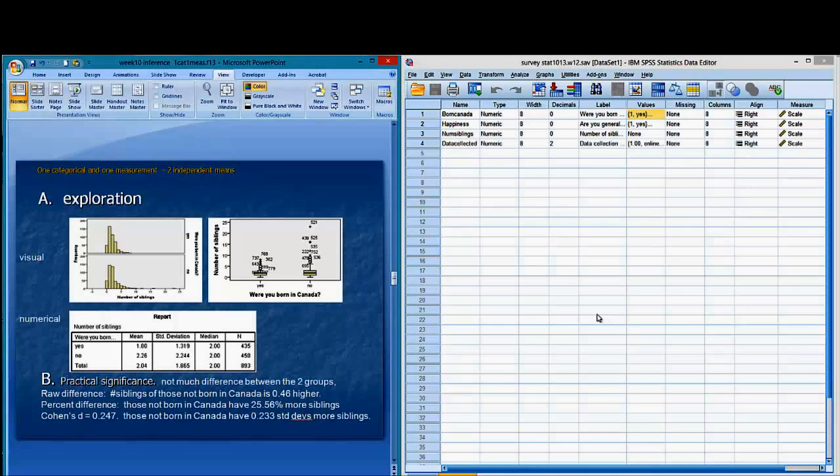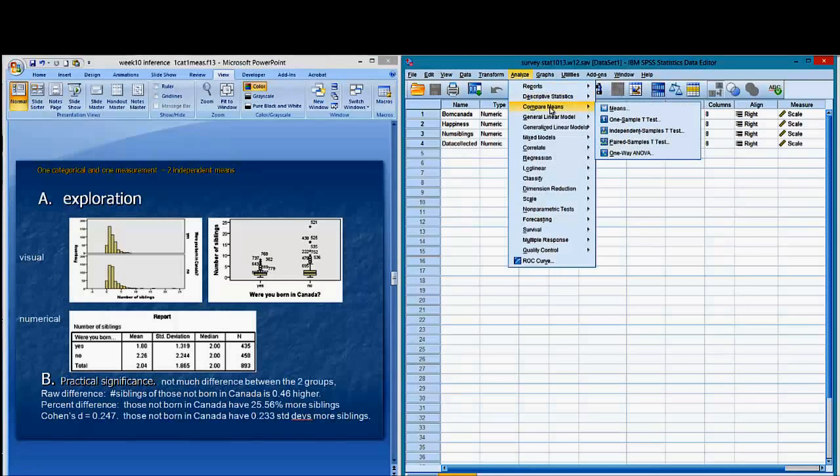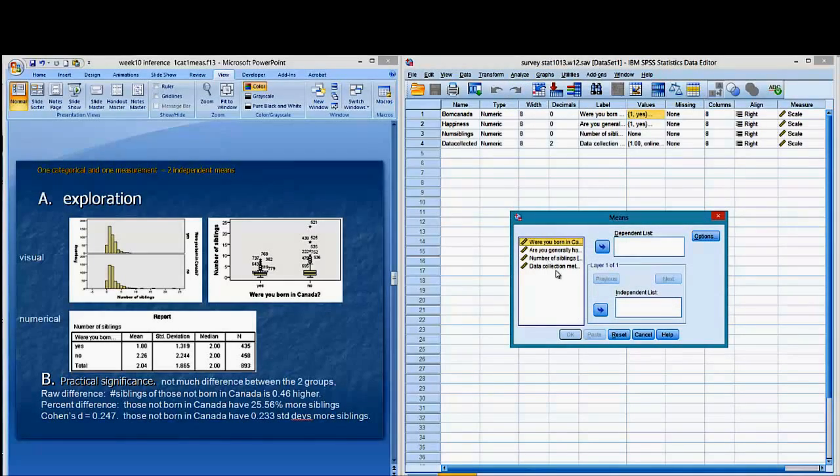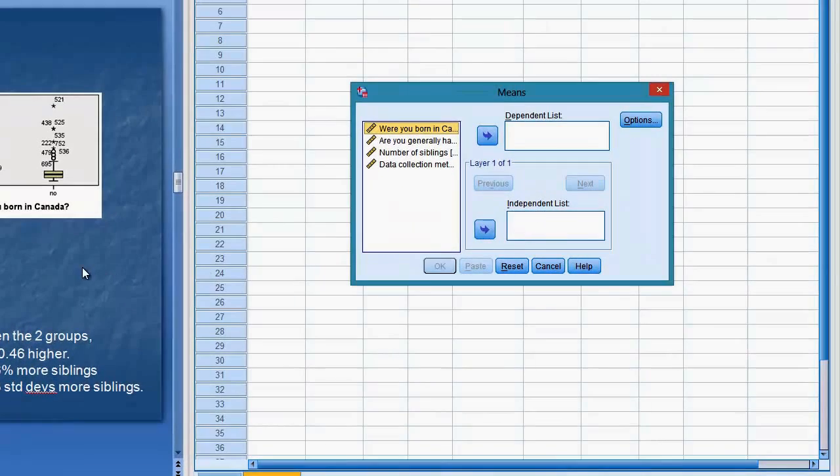So let's explore it. What do we do? Analyze, compare means. The independent variable in this case is, were you born in Canada? That goes here in the independent list, and the number of siblings goes in the dependent list.